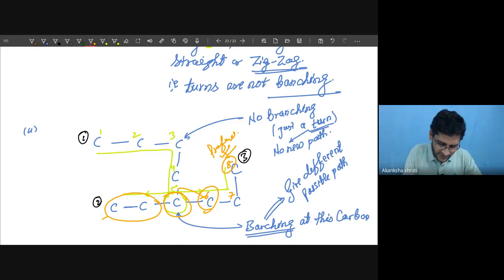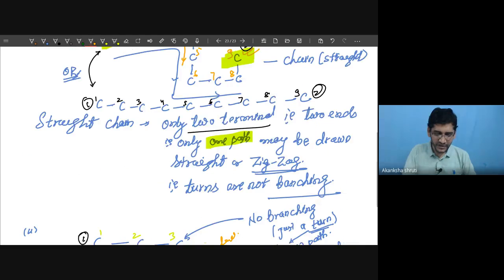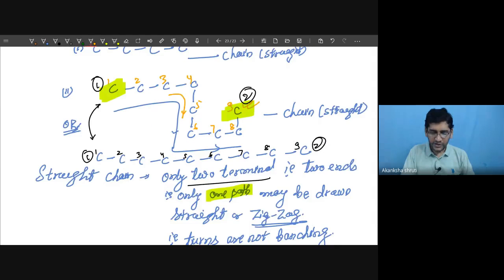Okay, so this is the other small, straight chain which is attached. So in branching, I can have more than one chain. Okay, so just a turn is not a branching. So branching always means it must have more than two terminals.